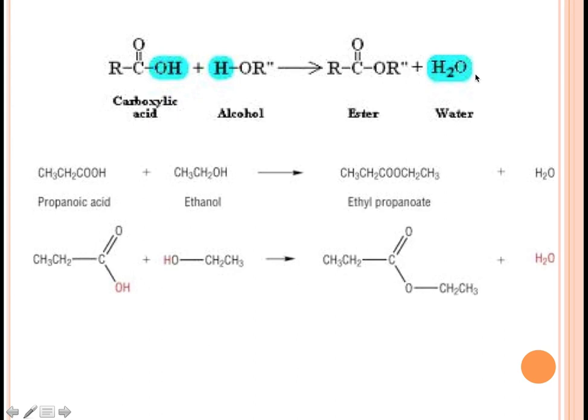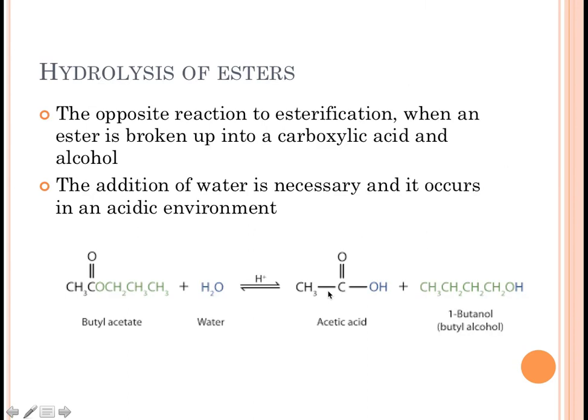Okay. So we would have our carboxylic acid and our alkanol reacting together to make our new ester group and water. So if, for instance, we had propanoic acid and ethanol, we're going to make ethyl propanoate, which is there. We can, of course, reverse that reaction. Okay? Esterification is making an ester by a condensation reaction.